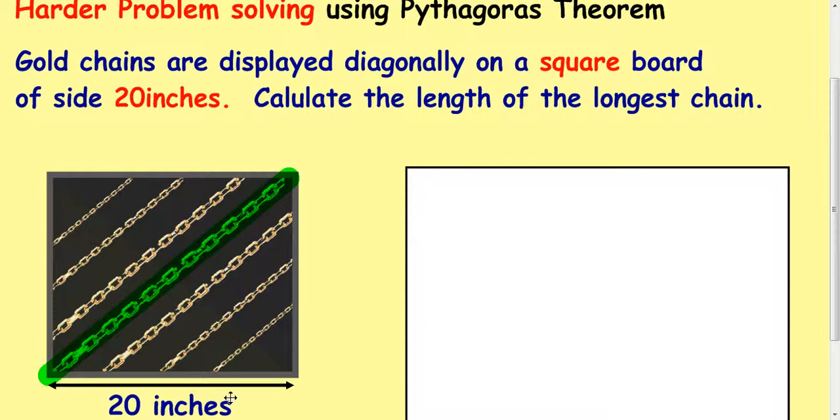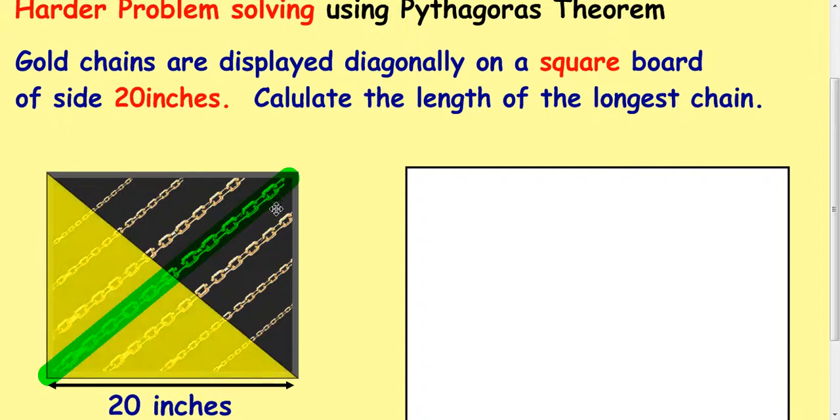So if we're trying to calculate the length of the longest chain, we're kind of using a triangle there, down here, along and up. So that could look like this, I suppose.